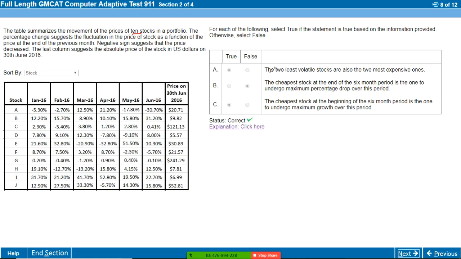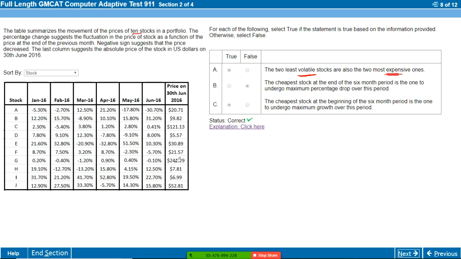For the first one, the two least volatile stocks are also the two most expensive ones. Now, what does volatility mean? It simply means the fluctuations: whichever have the highest magnitude of these values are the most volatile. So it is easiest to first find the two most expensive ones.